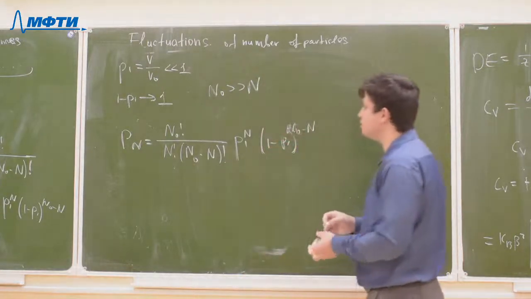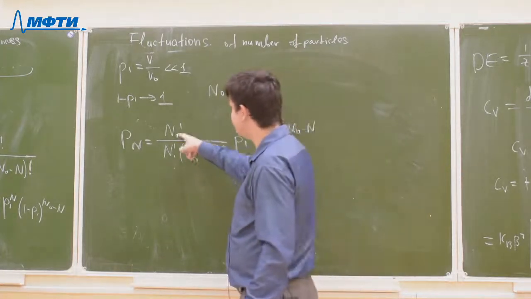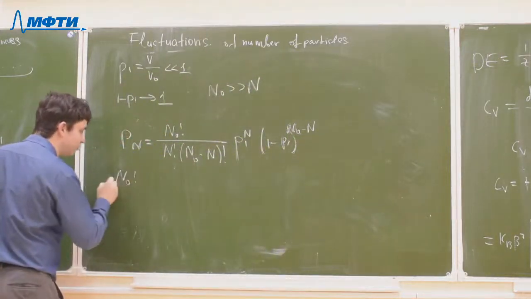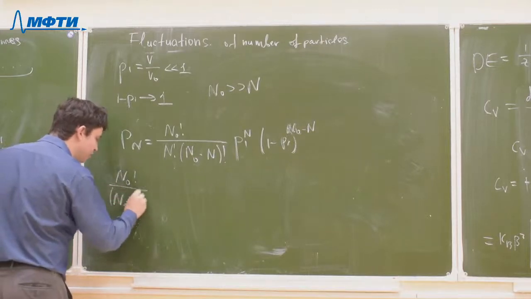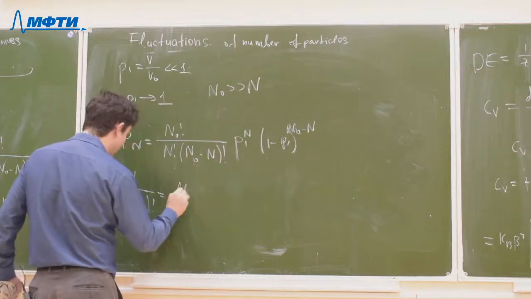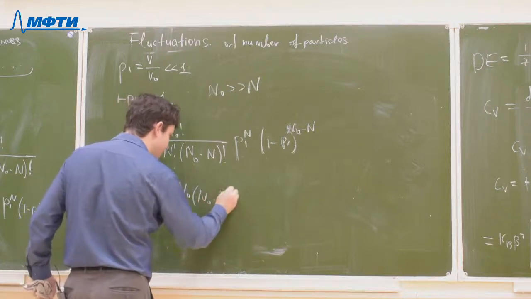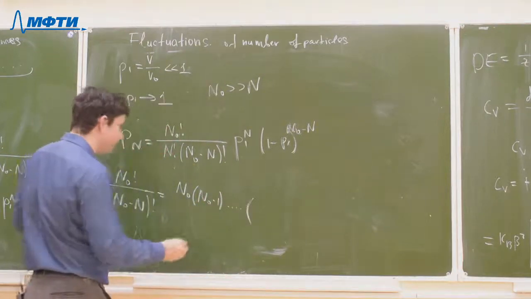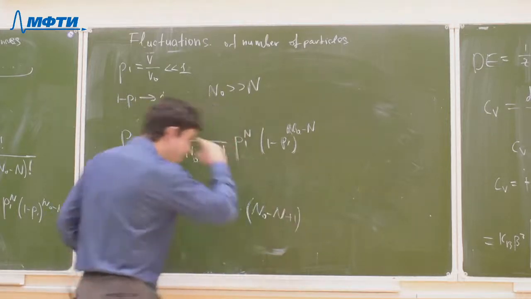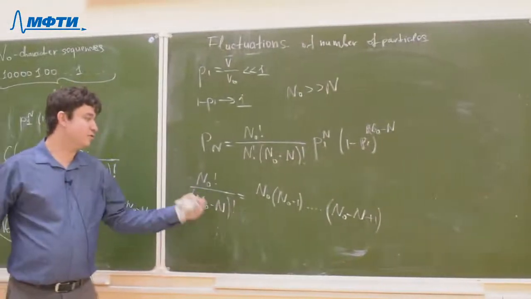And since n0 is much larger than n, then we can calculate this fraction. I can write that n0 factorial over n0 minus n factorial is actually n0 multiplied by n0 minus 1, and so on and so forth, multiplied by n0 minus n plus 1. This equality is a consequence of the definition of the factorial.